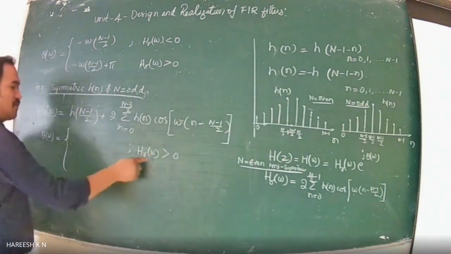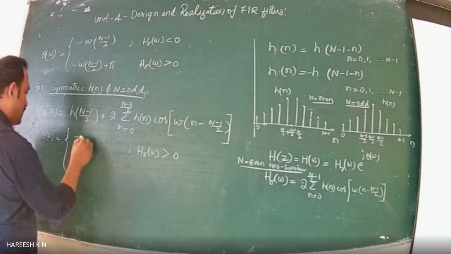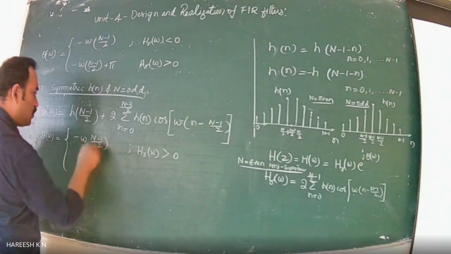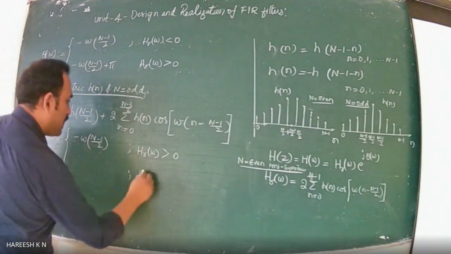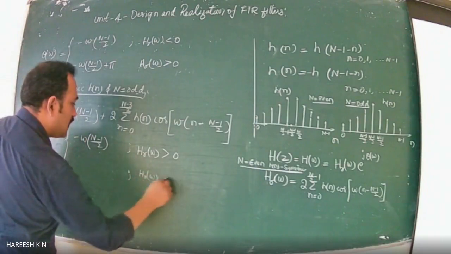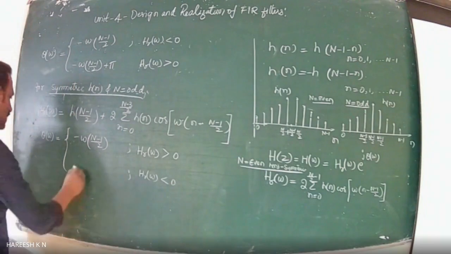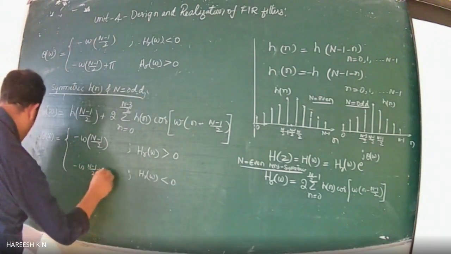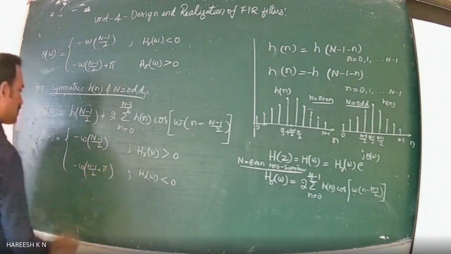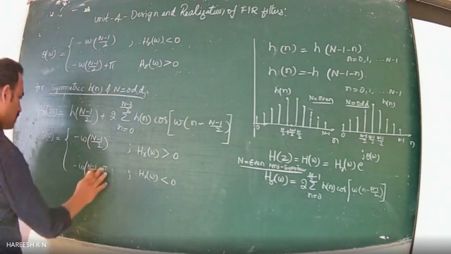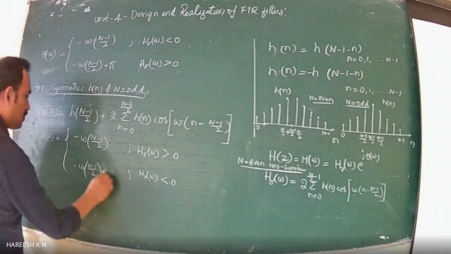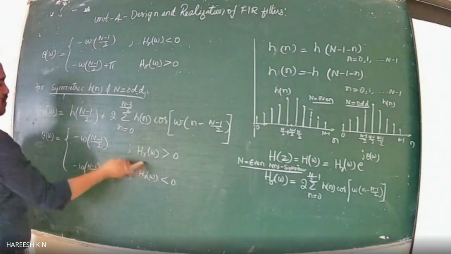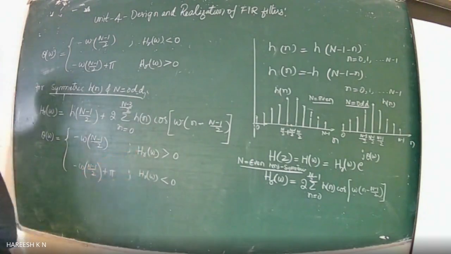Okay, if HR of omega is greater than 0, theta is minus omega into (N minus 1) divided by 2, and if HR of omega is less than 0, then it is minus omega into (N minus 1) divided by 2 plus pi. The same expression plus pi, the same phase, but for interchanged HR of omega, isn't it?